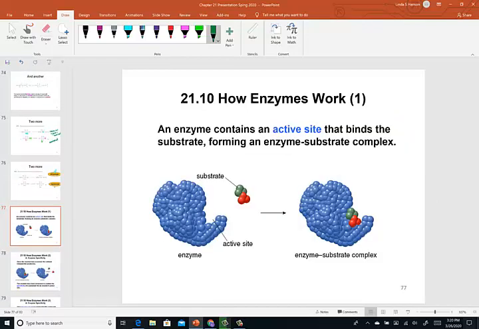So just reminding you how enzymes work as we bring closure to the lesson. An enzyme contains an active site that binds to the substrate, forming an enzyme substrate complex. So here's the active site. It really is by unique shape. An enzyme with an active site fits the substrate, and you form an enzyme substrate complex where the active site is bonded here.